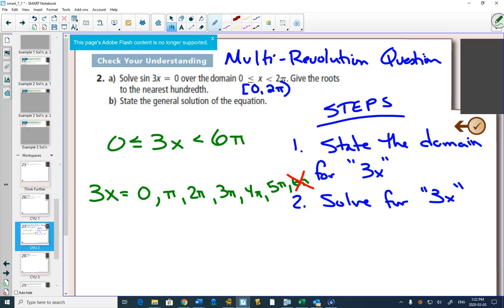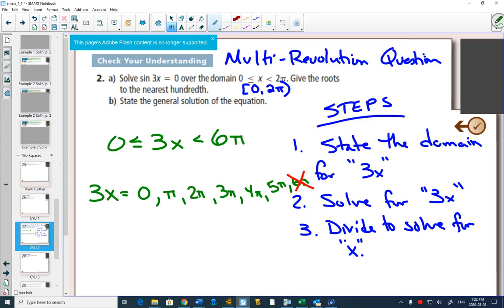So we have done step 2. We solved for 3x. And then step 3, put x, because it could be a theta. But now we need to get x, because the whole question was solve, the variable is x. We've solved for 3x. How would you get x by itself?